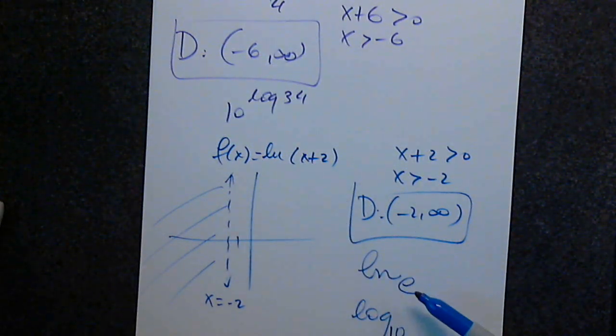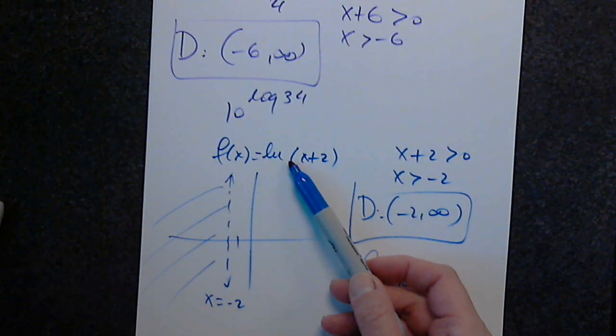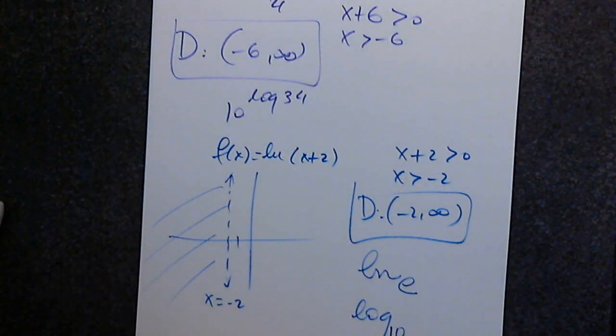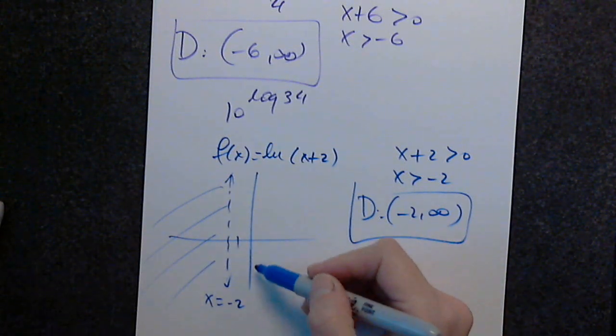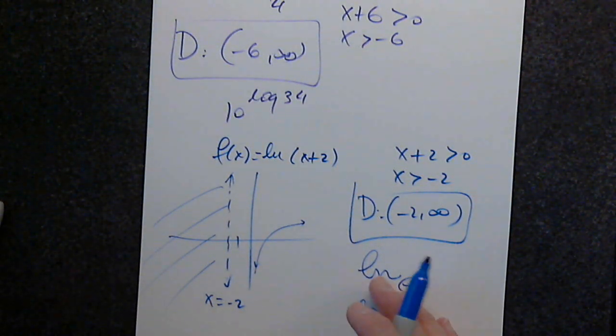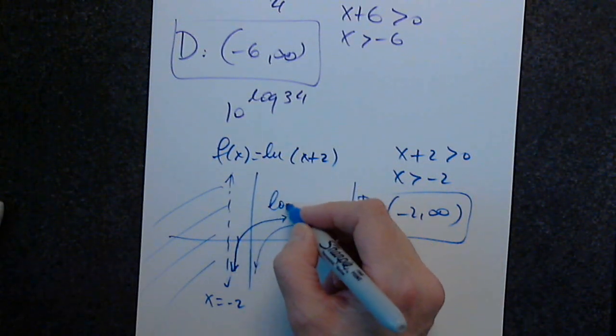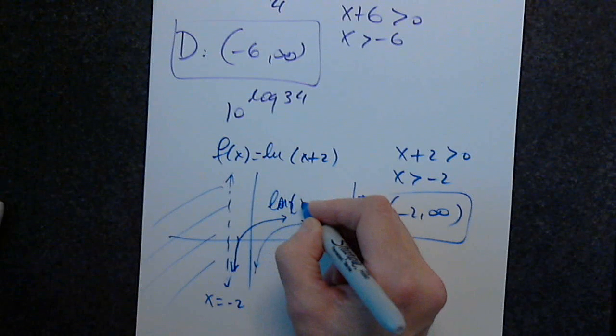Because the base is greater than 1, will the log be an increasing or decreasing function? When the base is greater than 1, it's always increasing. So normally the graph of the log is this, but we have to shift it to the left. So this will be natural log of x plus 2.